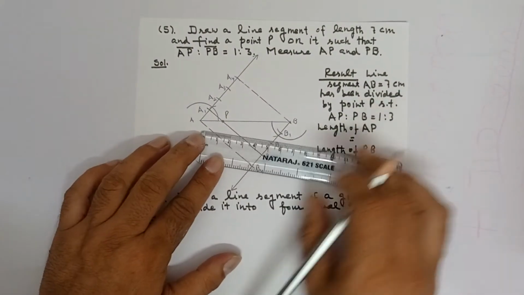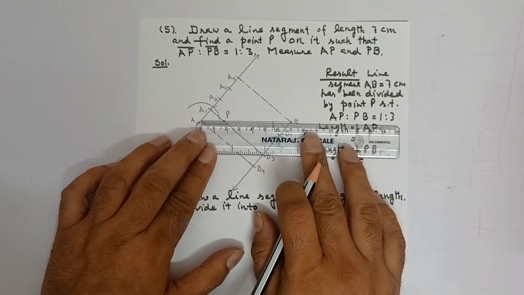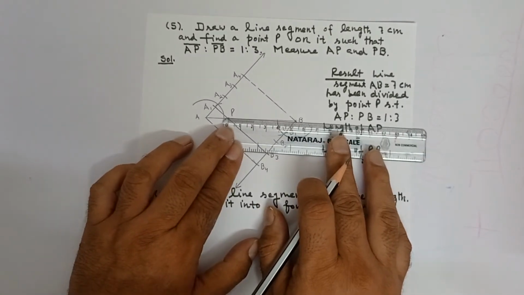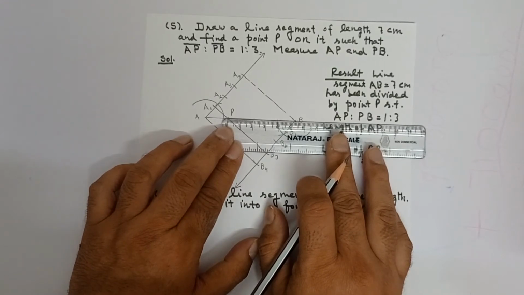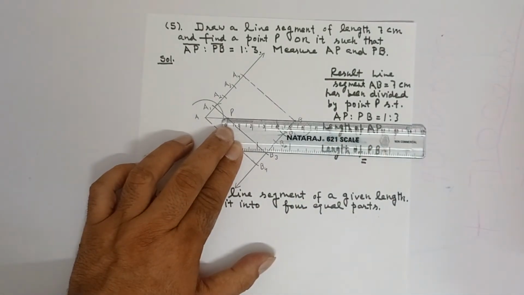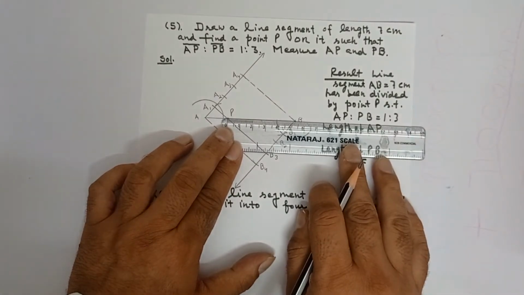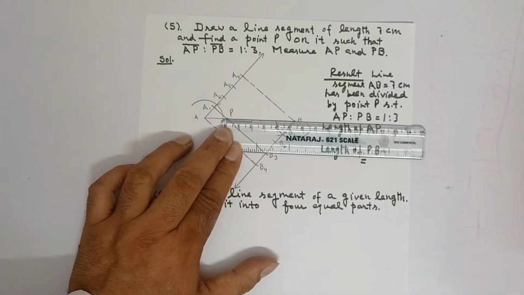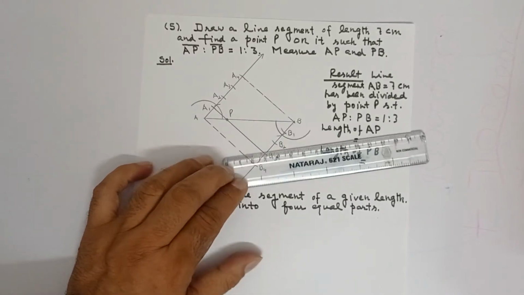So 1.8, and the next is, you can check, this is 5.2, approximate 5.2.